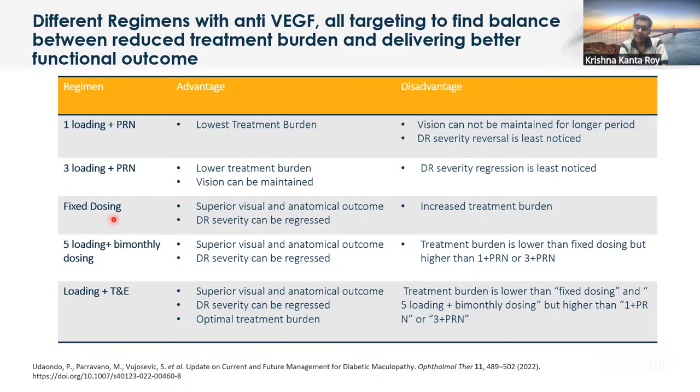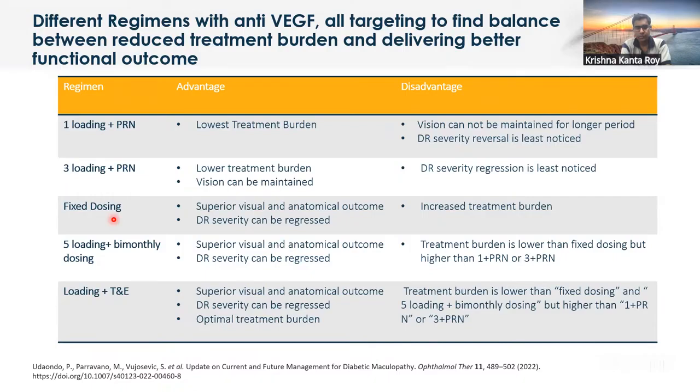Here visual acuity gain and anatomical outcome will be better. Diabetic retinopathy severity also regresses, and treatment burden is lower compared to fixed dosing or 5 loading followed by monthly. It means treatment burden is lower and outcome is also good.